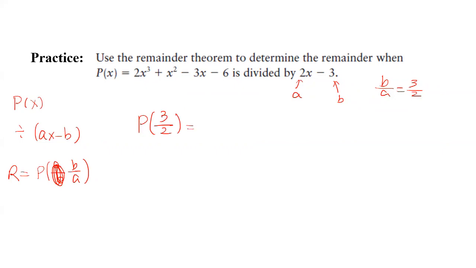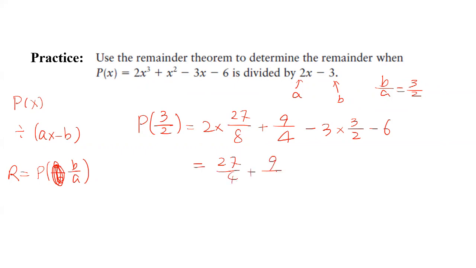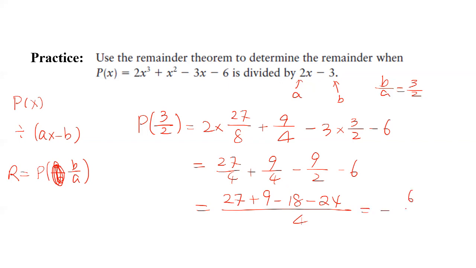You can just put 3 over 2 into the original expression, which is 2 times 27 over 8 plus 9 over 4 minus 3 times 3 over 2 minus 6, which is 27 over 4 plus 9 over 4 minus 9 over 2 minus 6, which is (27 plus 9 minus 18 minus 24) over 4, which is minus 6 over 4, which is minus 3 over 2, right?